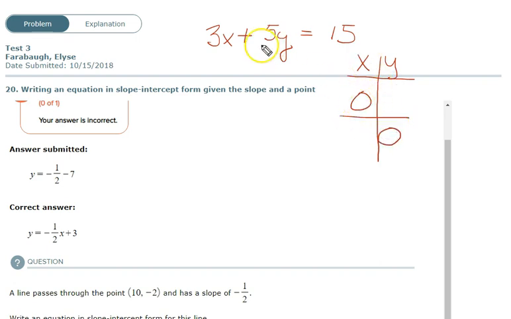So if X were 0 here, we then get 3 times 0 is 0, 5y equals 15, divide both sides by 5, y is 3. And if y is 0 here, 5 times 0 is 0, divide both sides by 3, and x is 5.